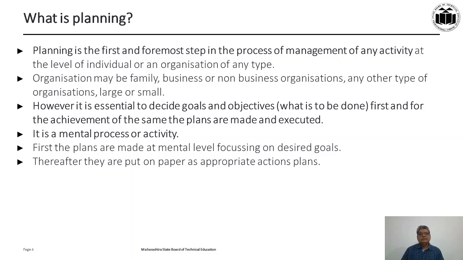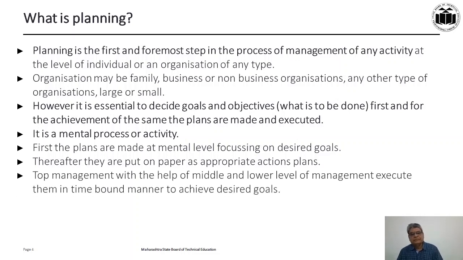Thereafter, they are put on paper as appropriate action plans. So, you decide something to do, then you mentally decide how you are going to do it, but then all the details are to be put on paper first. Really, if it is a big organization or a big function, then everything is to be put on paper. They are called the action plans.